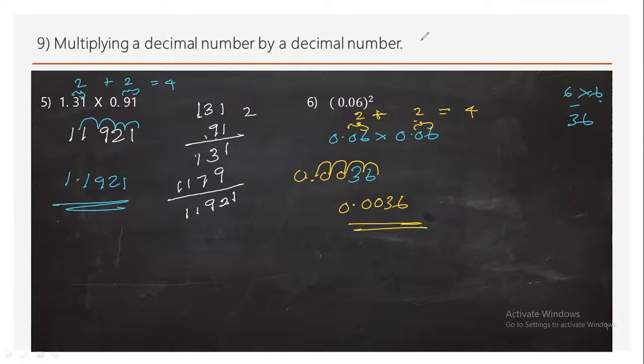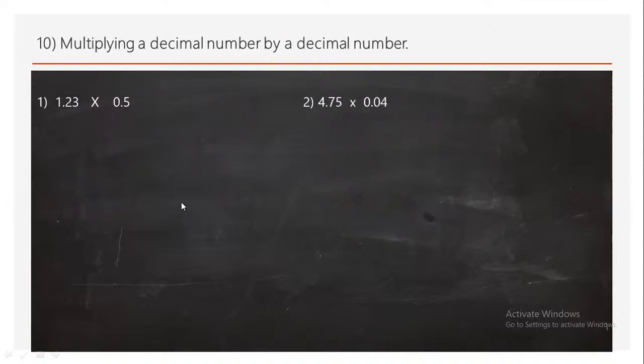Question number 10. That is also multiplying a decimal number by a decimal number. Then 1.23 into 5.